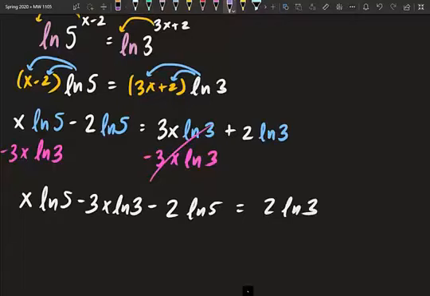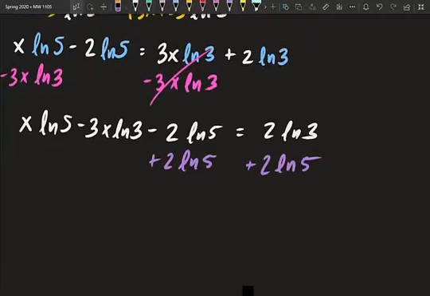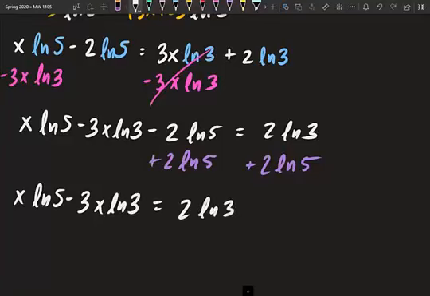This does not have a variable in it. Get rid of it. Move it to the other side. So we're going to add 2 ln 5, my bad. And when we do, on the left side, we have x ln 5 minus 3x ln 3 equals 2 ln 3 plus 2 ln 5.